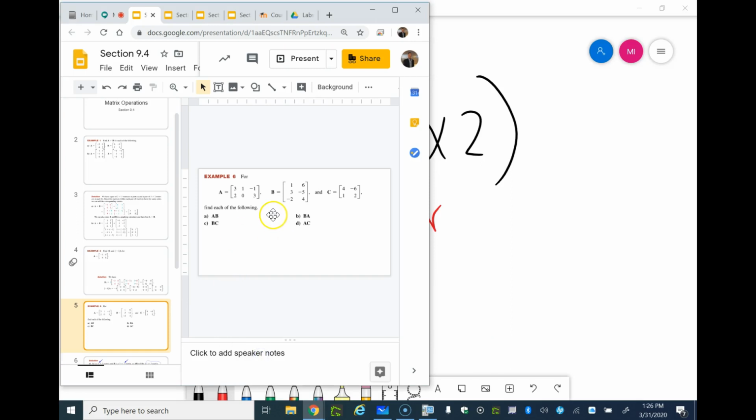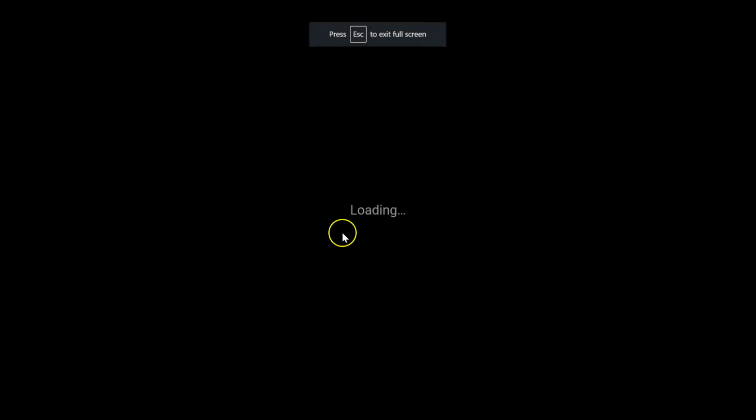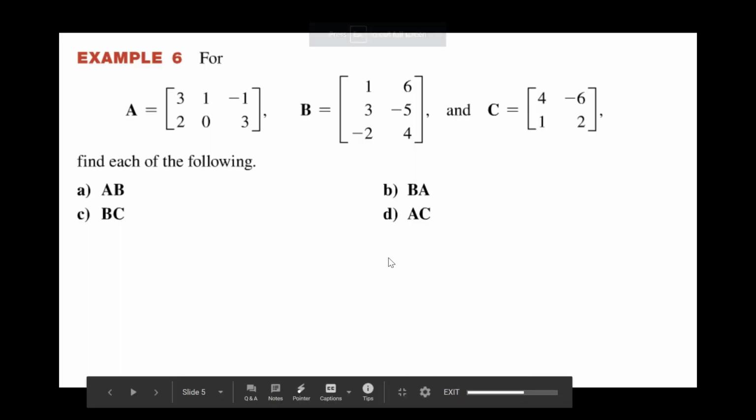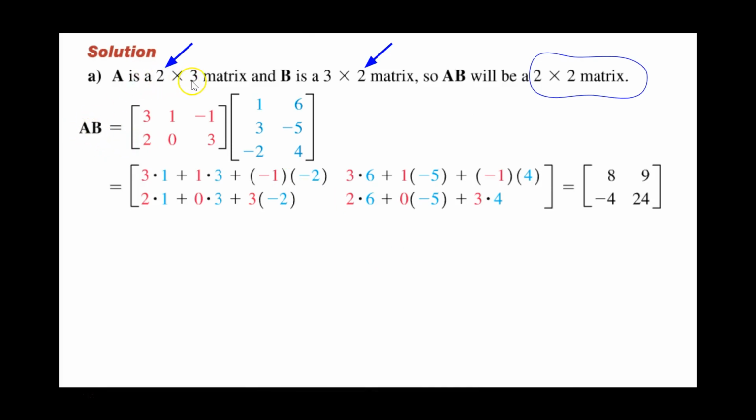Now, when they do match in the problem, say for instance we took A, which is a 2x3, and multiplied by B, which is a 3x2. Do you see now that the 3 and the 3 match? Because they match, you can multiply these together legally, and your final answer is a 2x2.